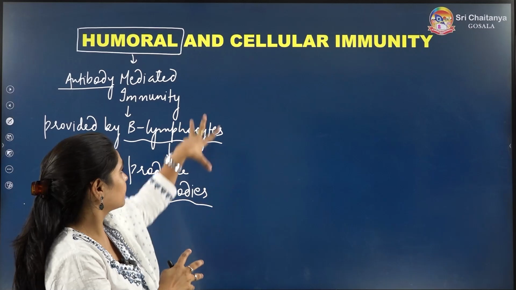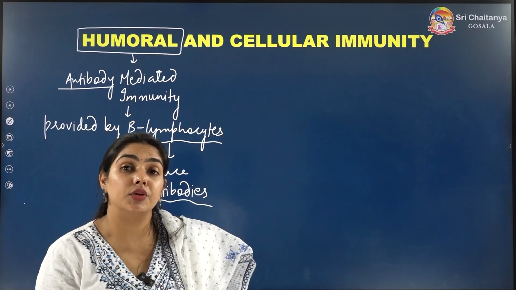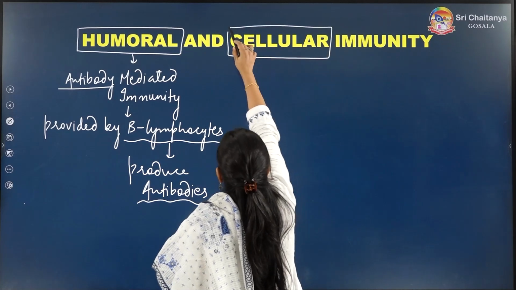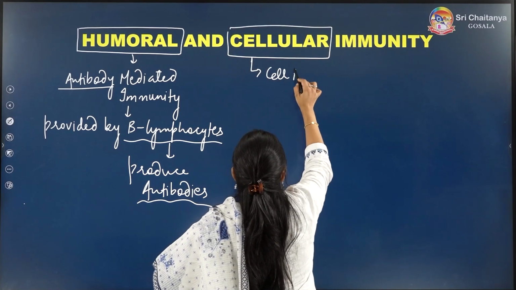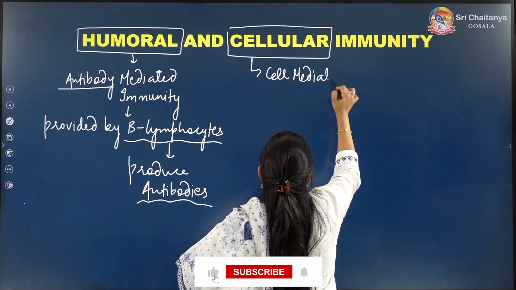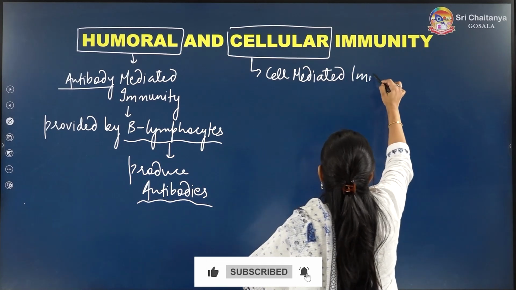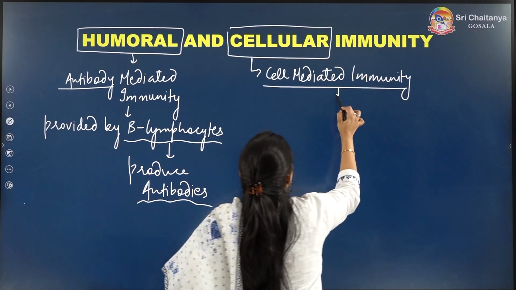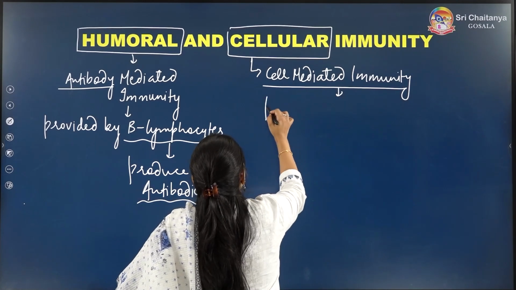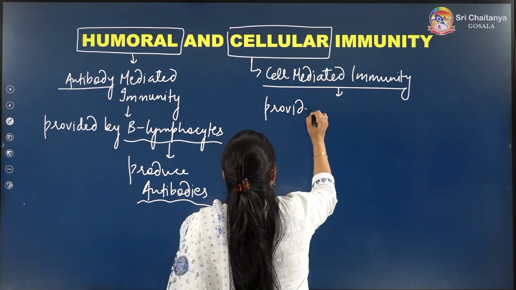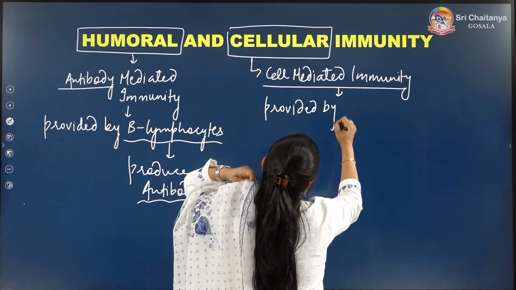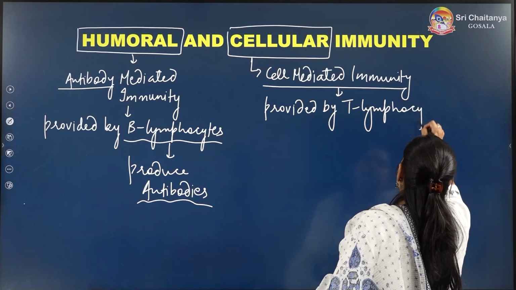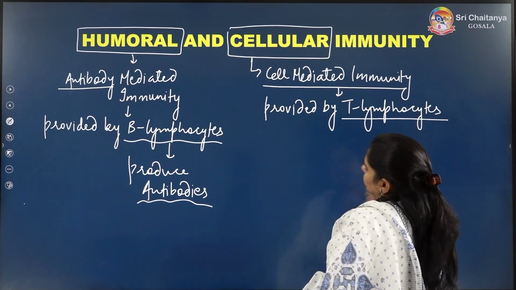Now, coming to the cellular immunity, which can also be called cell mediated immunity. So, which cells are involved in this immunity? It is provided by T lymphocytes, or T cells.